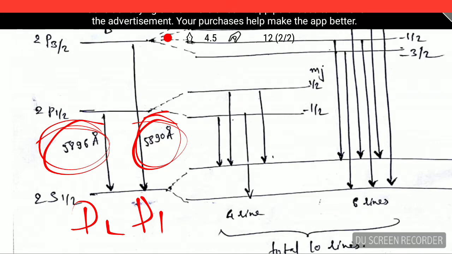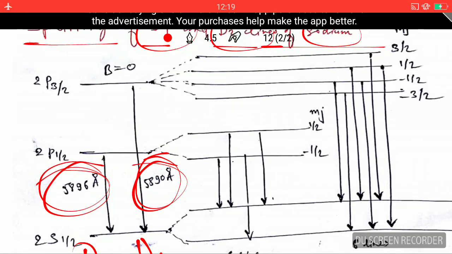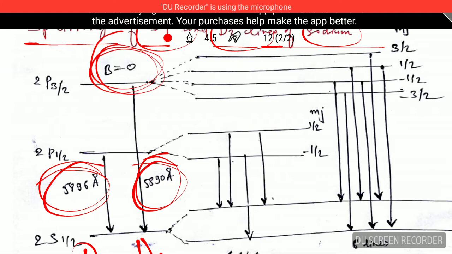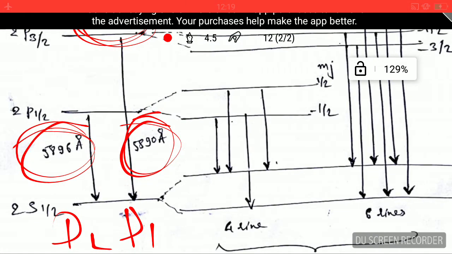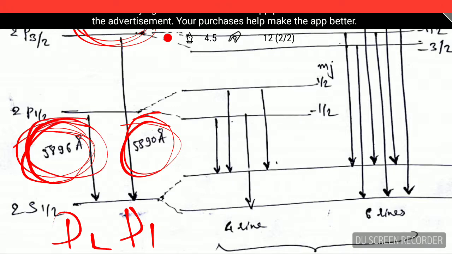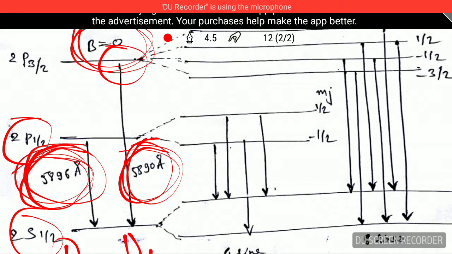In the absence of a magnetic field, B equals 0, if you look in the spectrograph, you find there are only two lines, the D2 and the D1 line. That's the transition between this state and this state, and the other is between this state and this state.